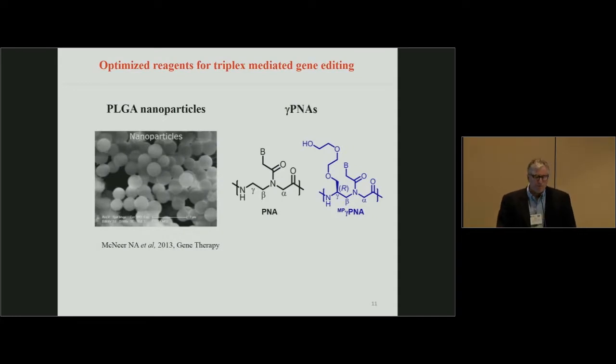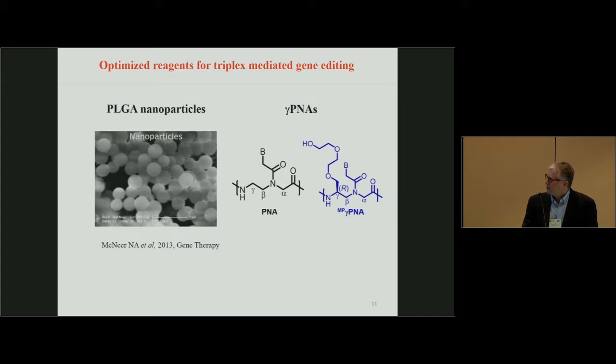So then in recent years, our work has been advanced by two key collaborations. One is on the left, the use of nanoparticles consisting of a biocompatible matrix called polylactic-co-glycolic acid, PLGA, which is actually in use in people now. It's FDA approved as a drug delivery material.